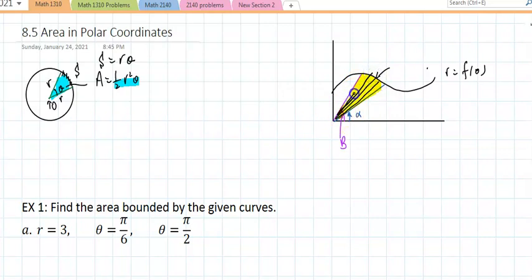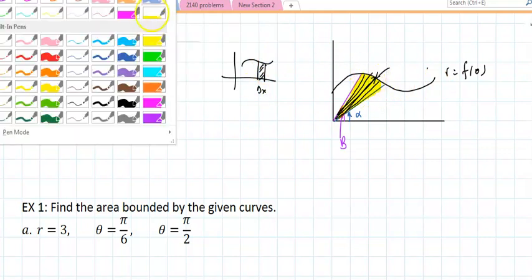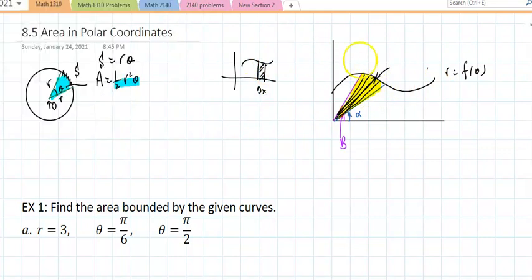Those are varying. So what we do, we draw an arrow. Just like in rectangular coordinates, if you recall, we drew a rectangle, we call that delta x, top minus bottom. Here we draw an arrow. And unlike rectangular, polar is always the tip of the arrow minus the base of the arrow, just like here it is the top minus bottom.